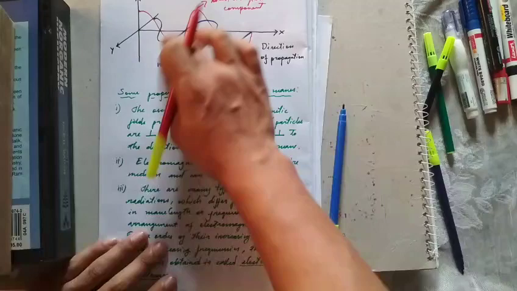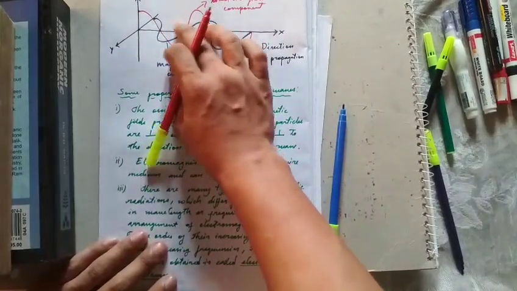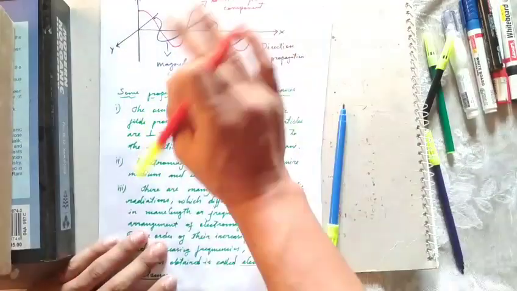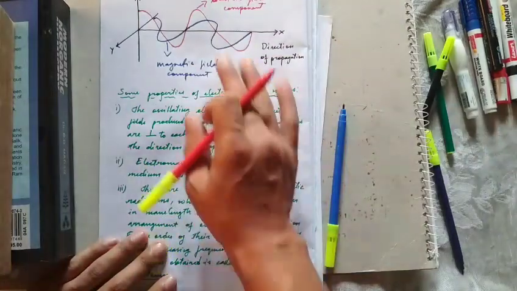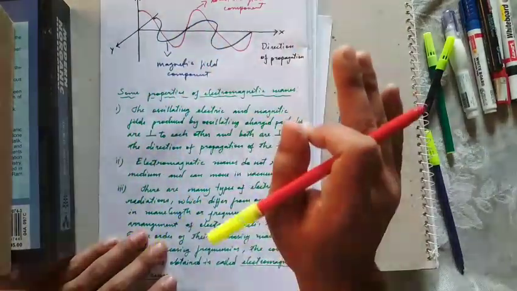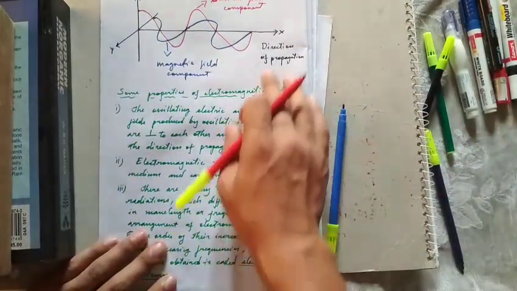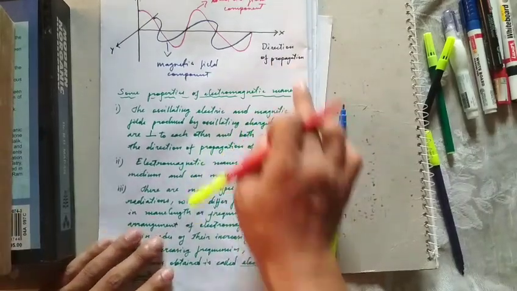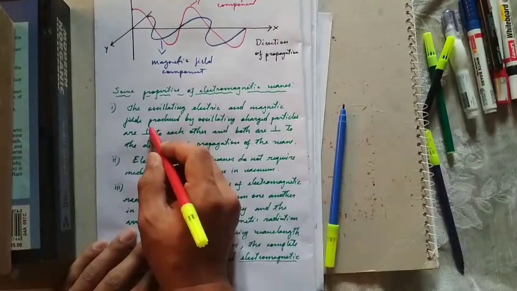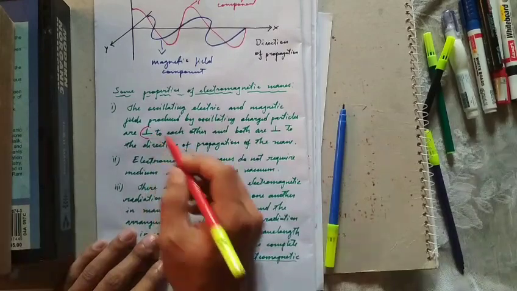So electric and magnetic fields are perpendicular to each other, and these two are perpendicular to the direction of propagation. I've written this in short form.